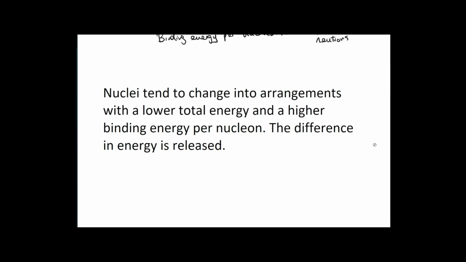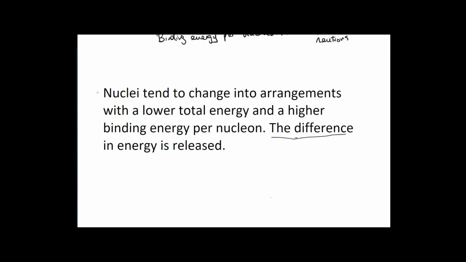So like a lot of things, nuclei tend to be quite lazy. They want to change into arrangements with a lower total energy, that is the energy inside that nucleus, but the highest binding energy per nucleon. So they want most of the energy to be in the form of binding energy. And if it can get more binding energy, it'll need less energy to keep it together, kind of paradoxically.